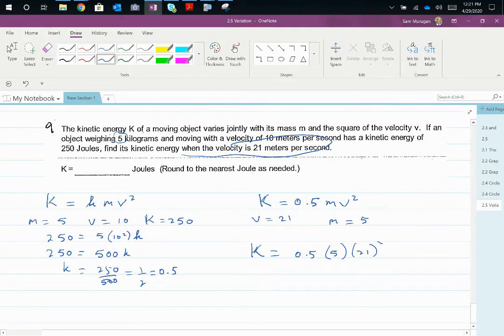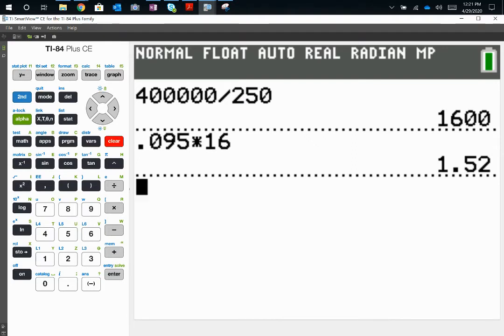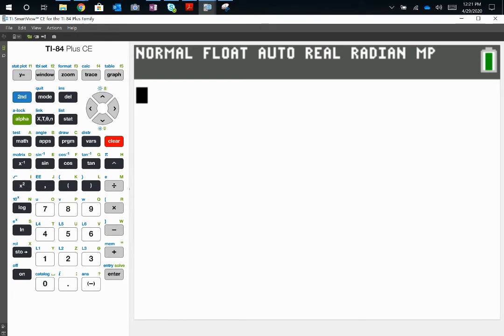So calculator: 0.5 times 5 times 21 squared.